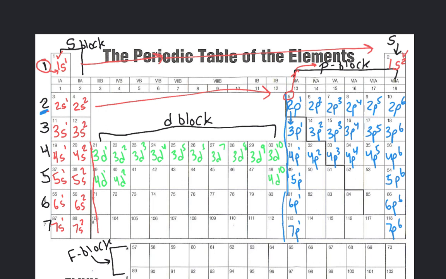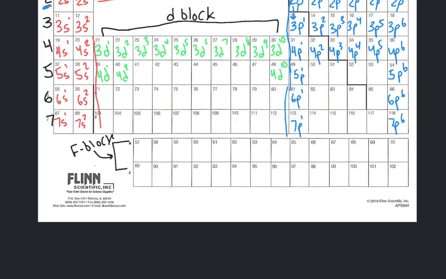Down here at the bottom, let's see if I can zoom out here. So once you leave, you see 6s2 here, element 56. Once you go to element 57, you actually take a little detour.